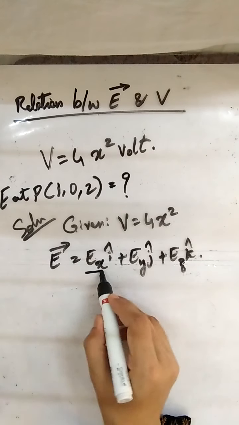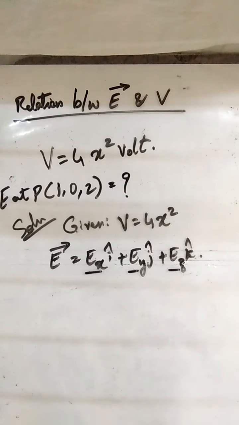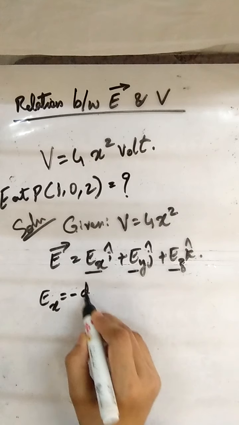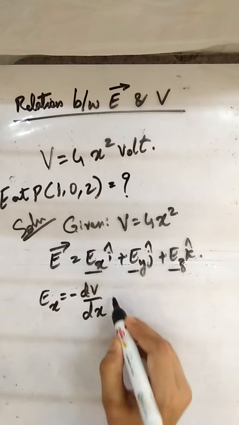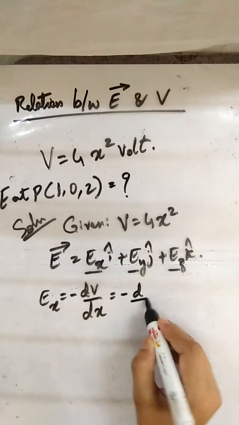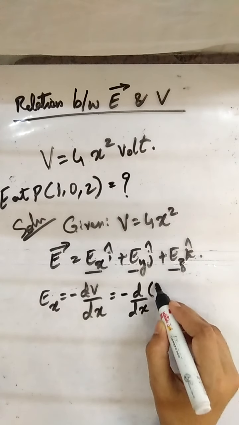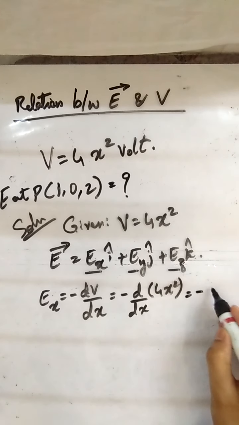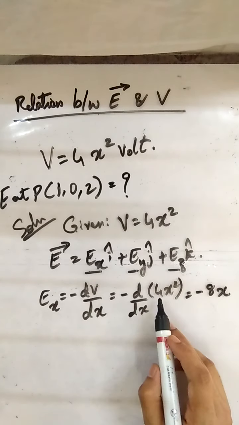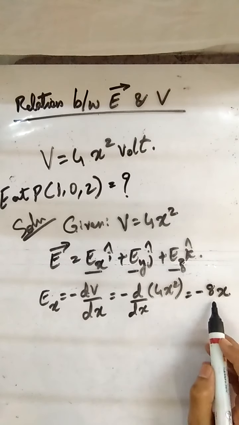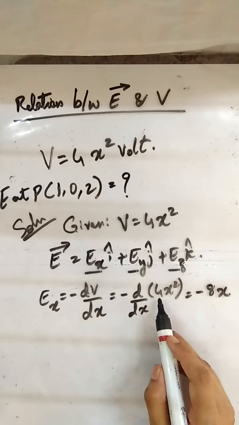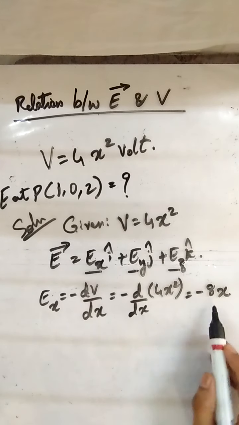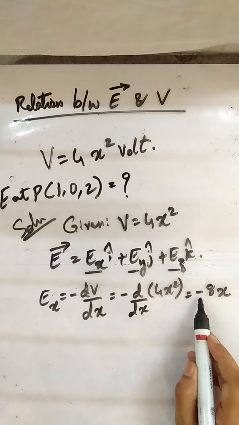So if you can find Ex, Ey and Ez, your job is done. Correct? So what is Ex? It is equal to minus dV by dx. So this is equal to minus d by dx of 4x square. So this will be minus 8x. 4 is a constant, keep it outside. Differentiation of x square is 2x. So 4 into 2 is 8. Minus is there, so minus 8x.